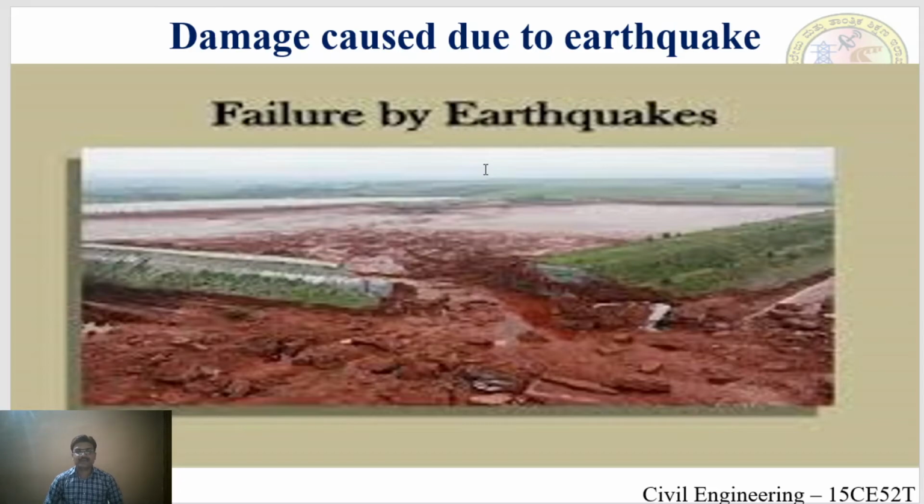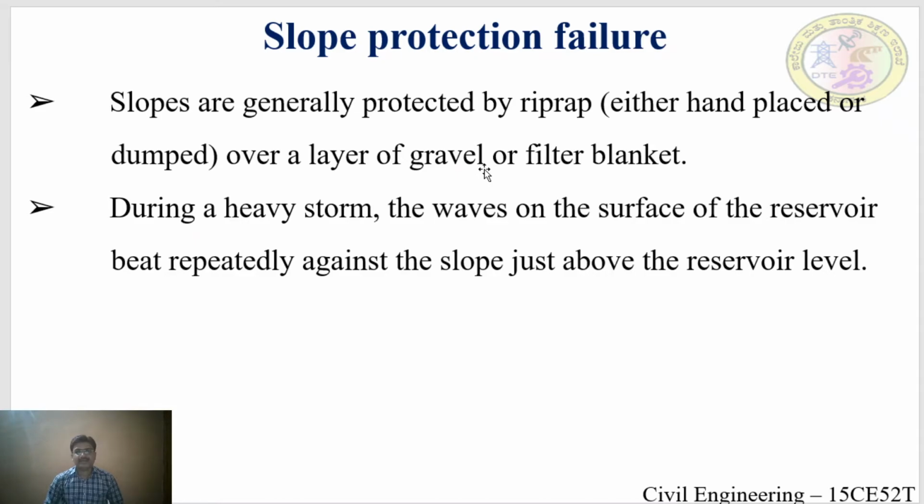This is a pictorial representation which shows the failure of the dam. The whole earthen dam is split into two pieces. Slope protection failure. Slopes are generally protected by riprap, either hand-picked or dumped, over a layer of gravel or filter blanket.